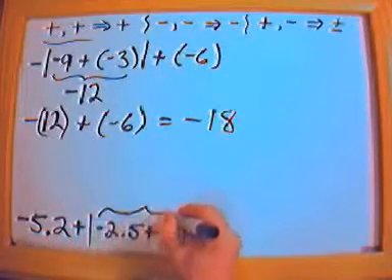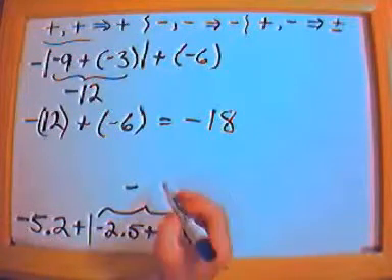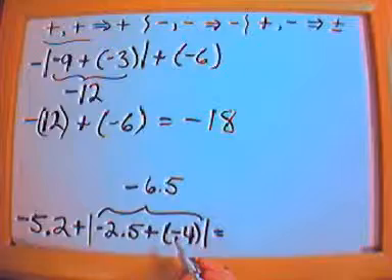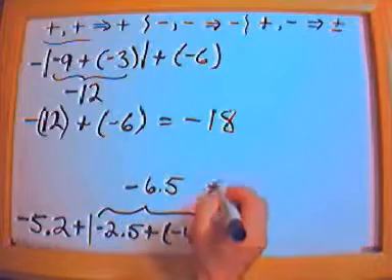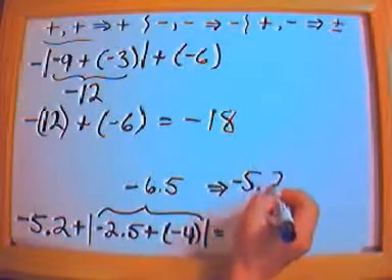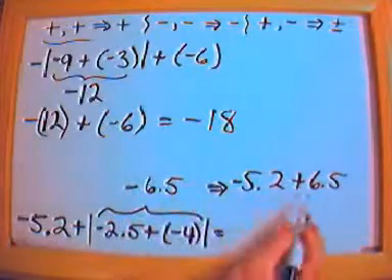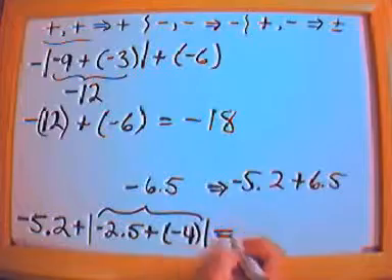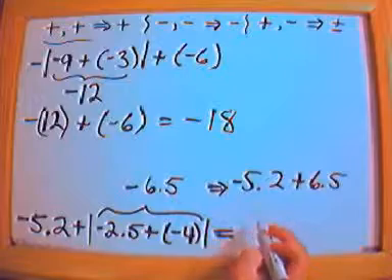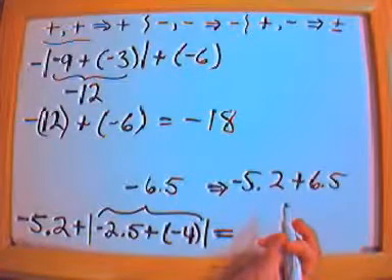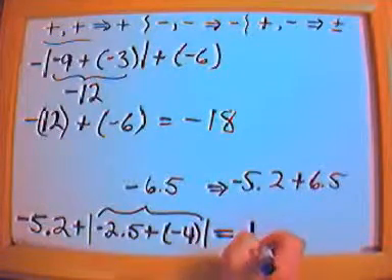Inside of the absolute value here, negative plus negative is negative, and then I just go ahead and add the numbers. 2.5 plus 4 is 6.5. Okay, but this is an absolute value, so in reality this is going to be minus 5.2 plus 6.5, because the absolute value makes the 6.5 positive. So then the final answer down here is going to be 6.5 minus 5.2, which is going to be 1.3.